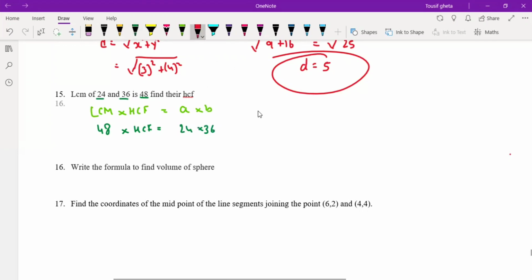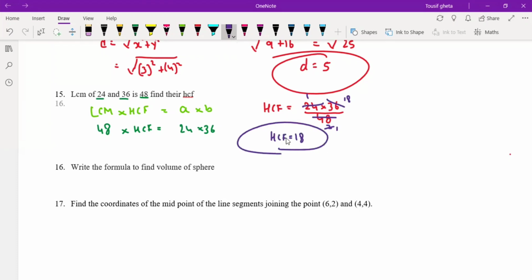To find the HCF, let us cross multiply. So HCF is equal to 24 into 36 divided by 48. Just cancellation. So HCF is equal to 18. That's it. So simple one.